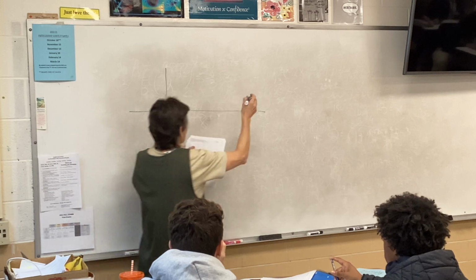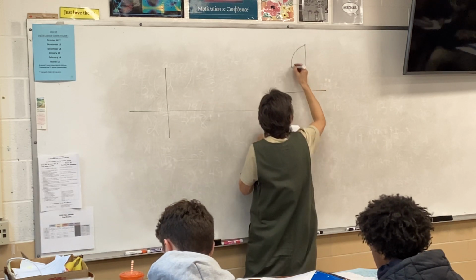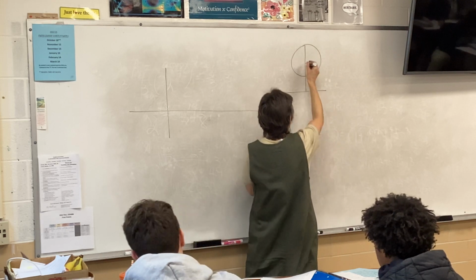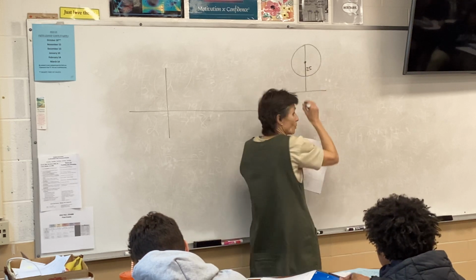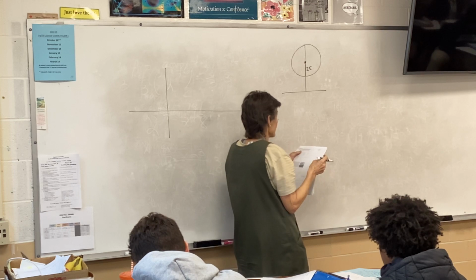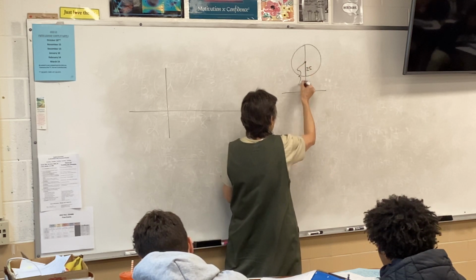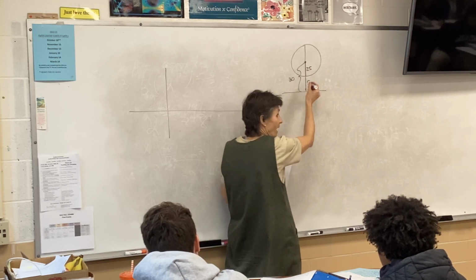So, let's see, I'm going to draw my Ferris wheel right here. So here's the Ferris wheel. It's 50 feet in diameter, so that means the radius is 25. The center of the wheel is 30 feet above the ground, which means this here is 5.